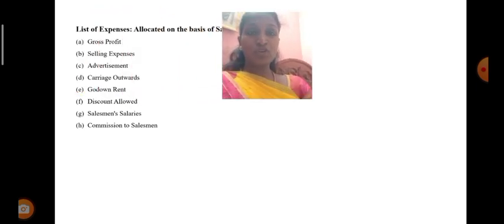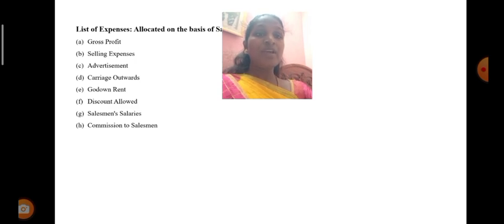First, gross profit, selling expenses, advertisement, carriage outwards, godown rent, discount allowed, salesman salary, commission to salesman. Any expenses under the head of sales, or we can say any expenses that are related to sales, are allocated on the basis of sales ratio.